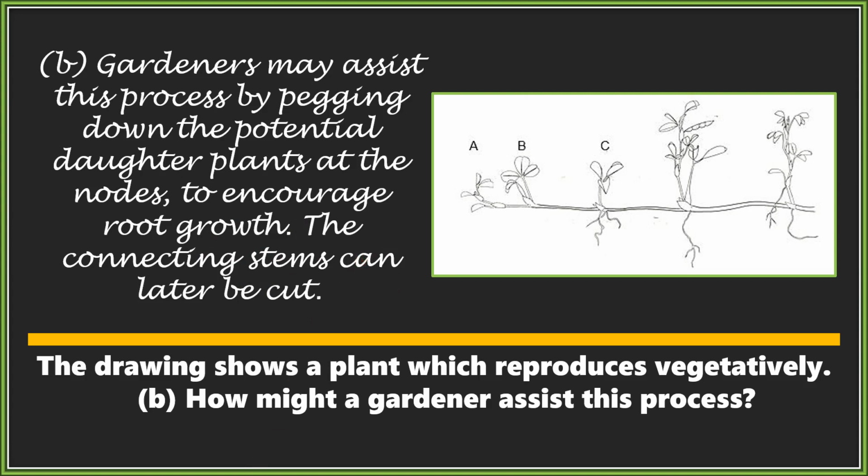So by pegging, they can put pegs into the soil so that they press that part where they want the roots to develop. And after the roots have developed, this other part can be cut off from the parent plant, and this one will become an independent plant.